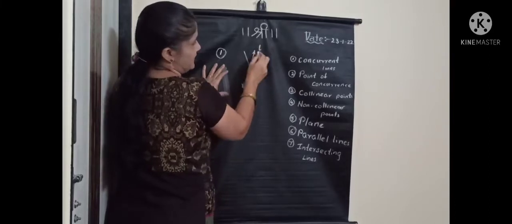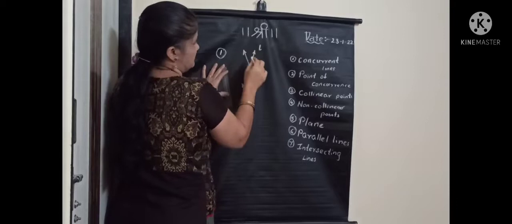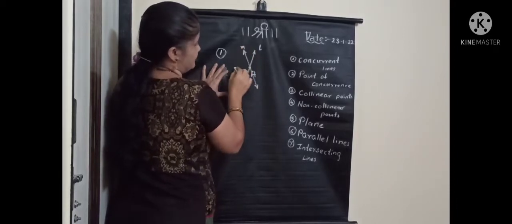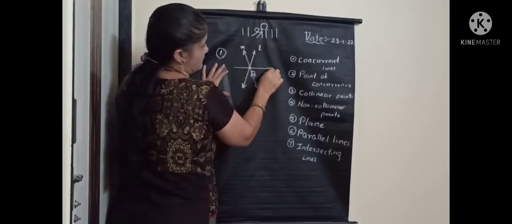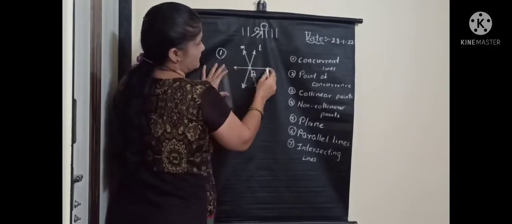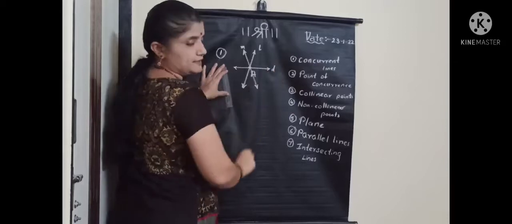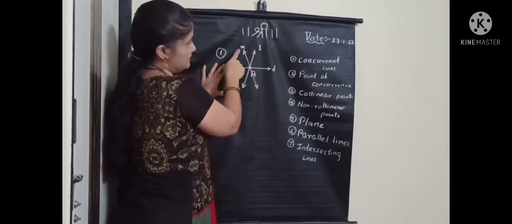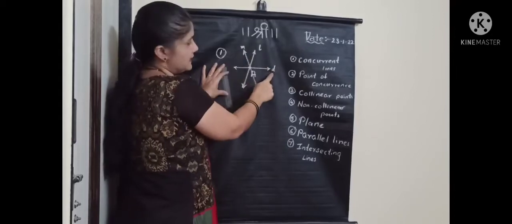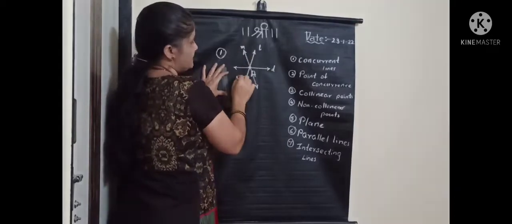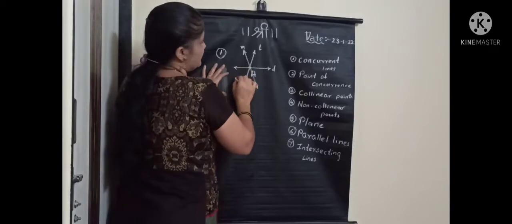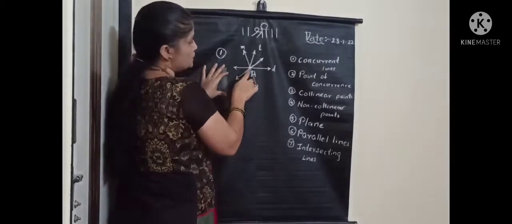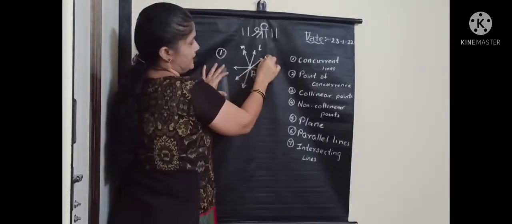Line L, line M, line D. This is line L, line M, line D. In the same way, an infinite number of lines pass through the same point A.